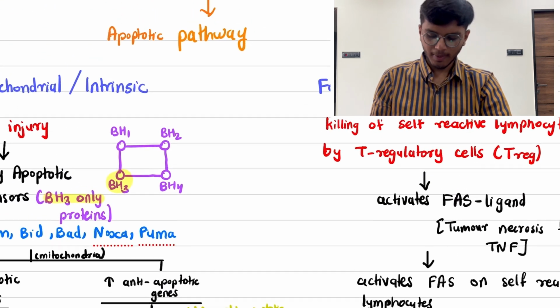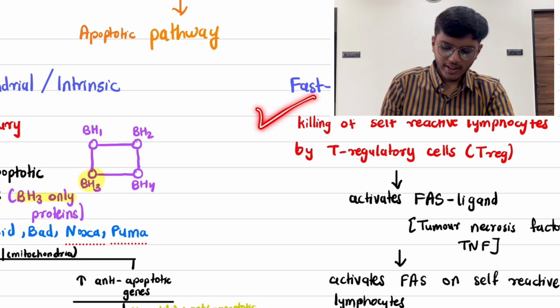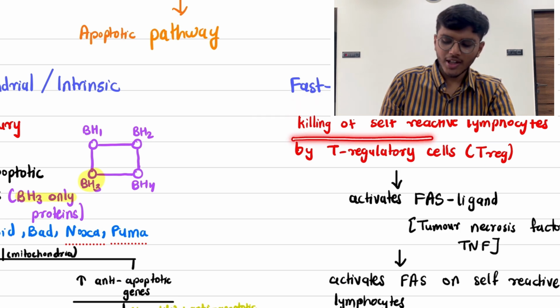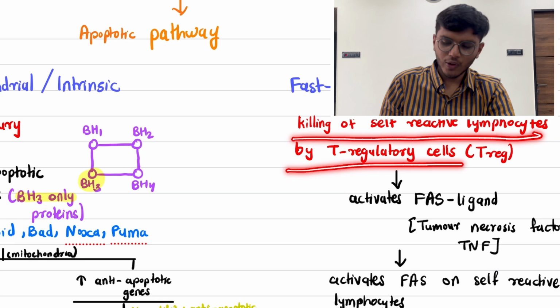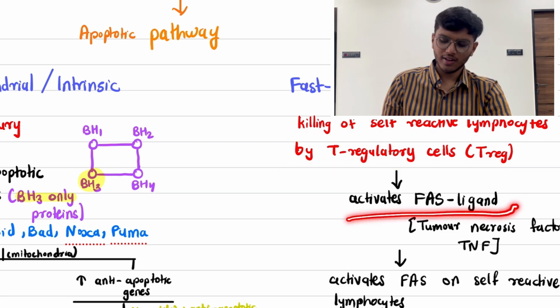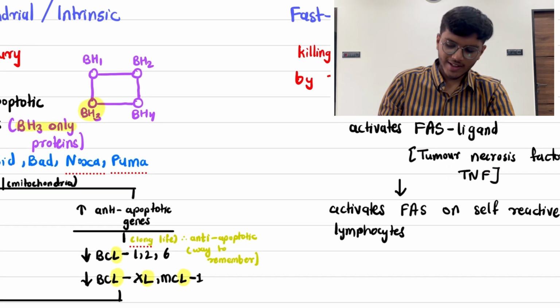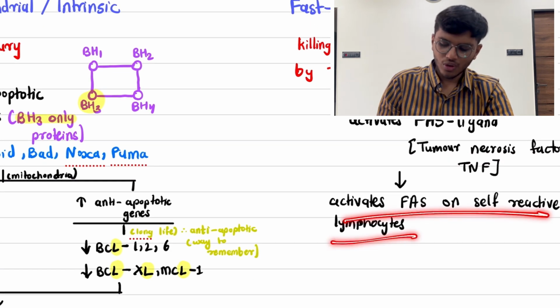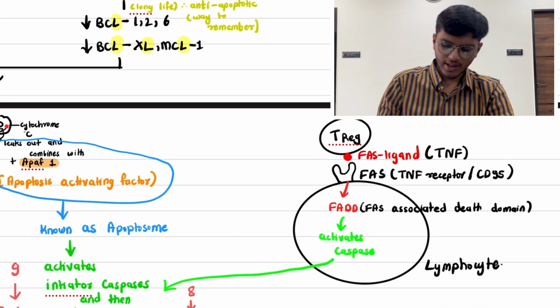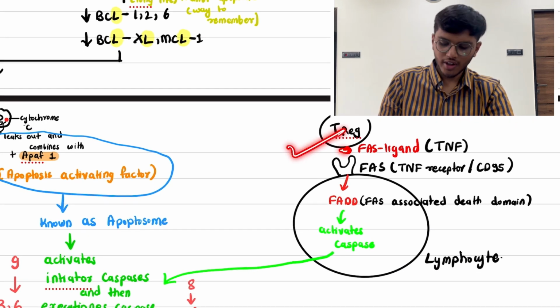Now the extrinsic pathway. Extrinsic pathway is also known as Fas ligand pathway. Killing of self-reactive lymphocytes by T regulatory cells. It activates Fas ligand. What is Fas ligand? Fas ligand is tumor necrosis factor. It activates Fas on self-reactive lymphocytes. You can see in the diagram, this is T regulatory. On T regulatory cell, there is Fas ligand. Fas ligand, tumor necrosis factor.